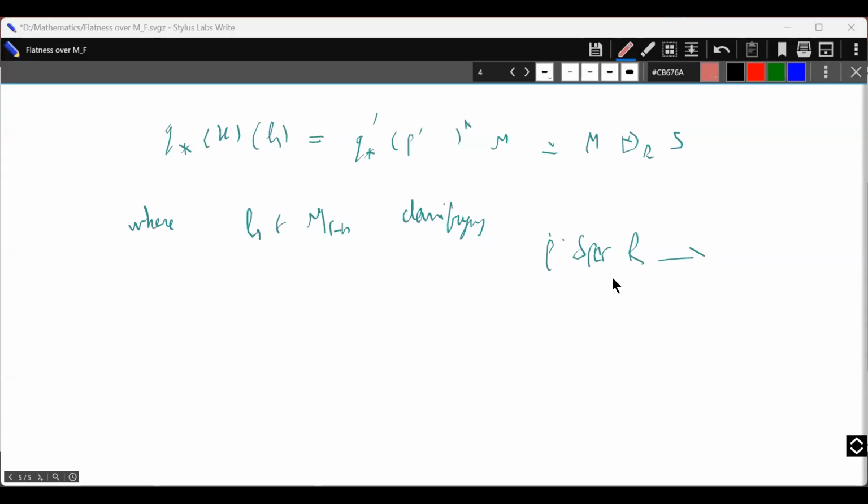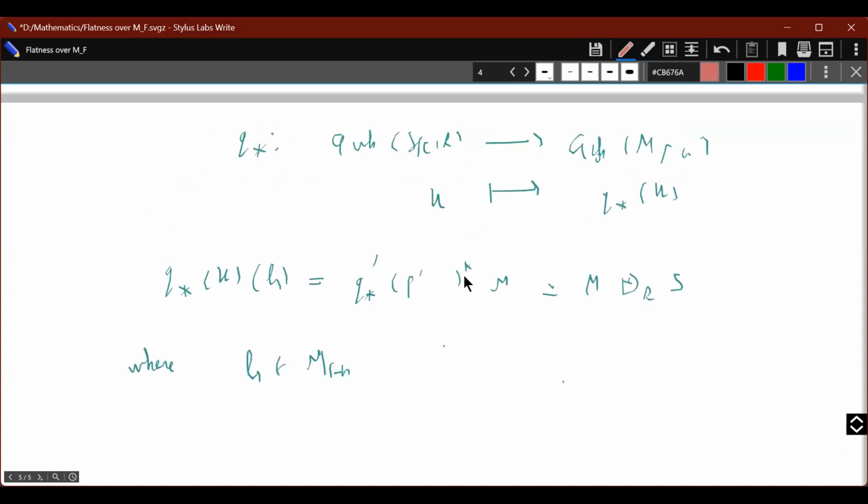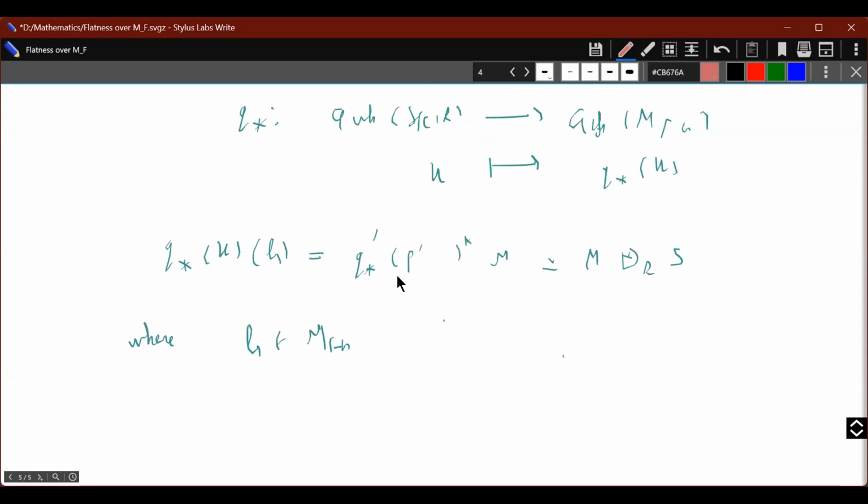Okay, so shall we start again? So this is something that I wrote. It has a right adjoint that you define like this, right?